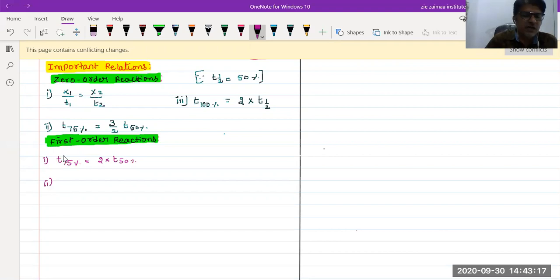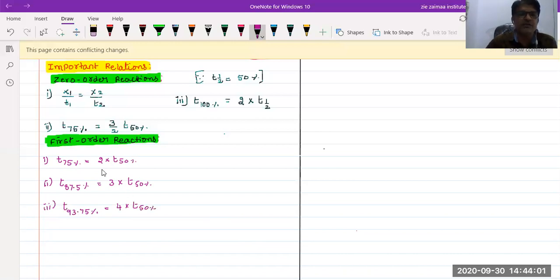Next, second one. If 87.5% is taken, then that value is 3 into t half. Next, if 93.75% is taken for the first order, then it should be taken as 4 into t half.